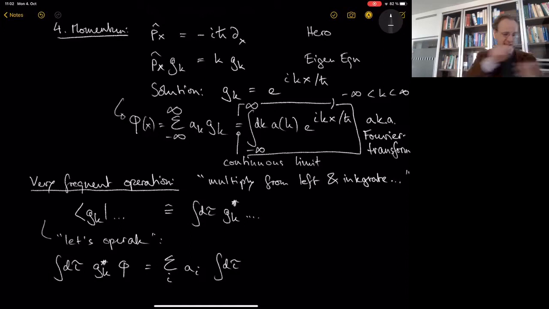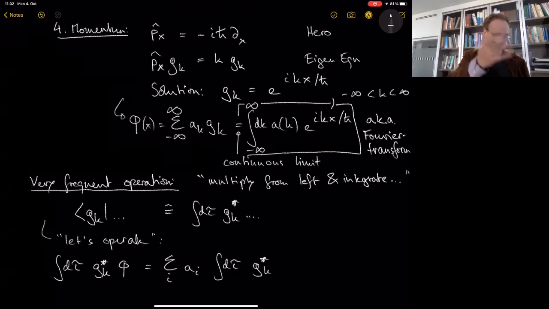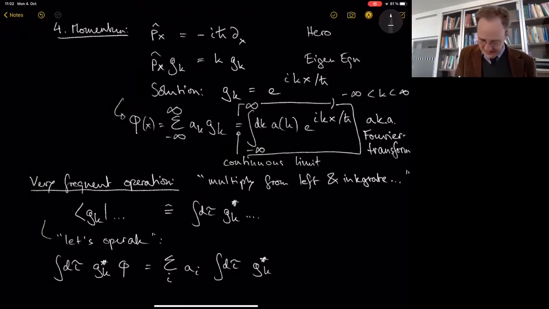For each AI, AI is just a number, so the integral goes through, and then you're left with our gk, of course. So that's an eigenfunction now in our x space, or whatever is relevant for our phi. And you're left, of course, with your original eigenfunction.